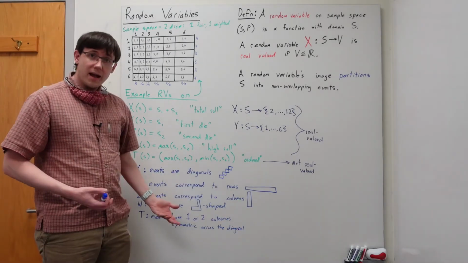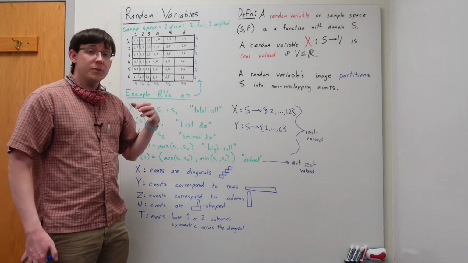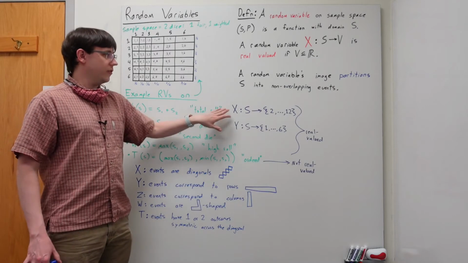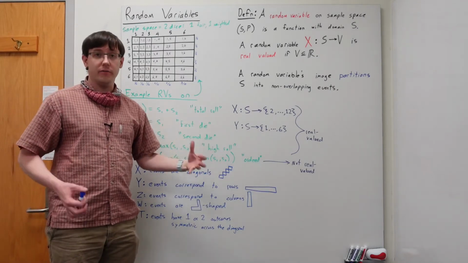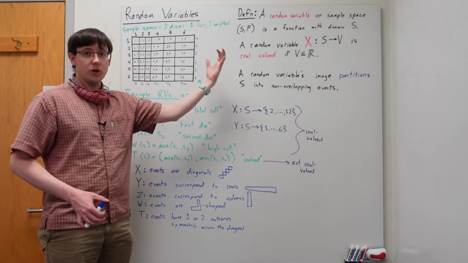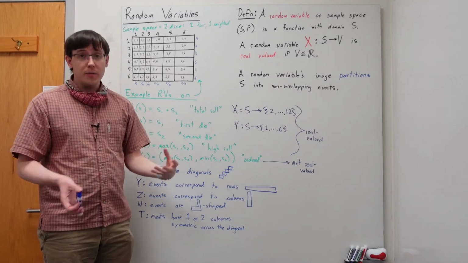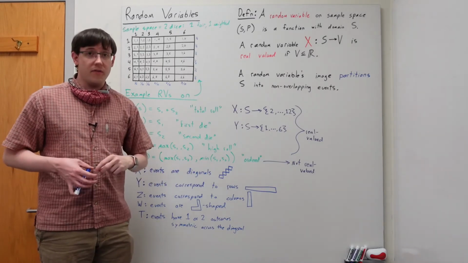So now that we have a sense of what some of the events for the random variables taking on different values look like in our chart, let's think about the probability of some of those events occurring.